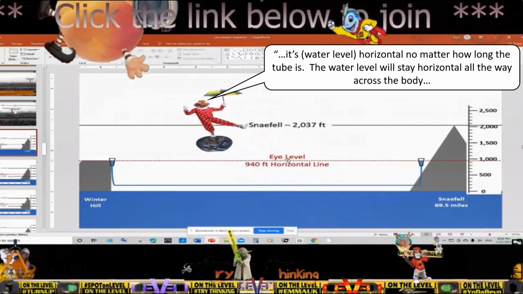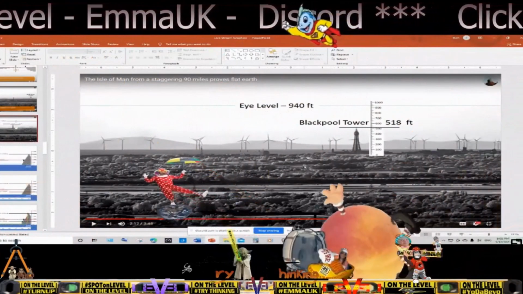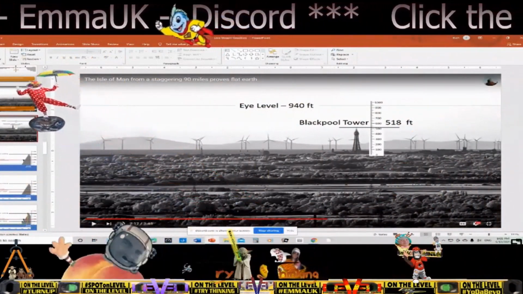It's horizontal no matter how long the tube is. The water level will stay horizontal all the way across the body. And no, I did not add this graphic in. You'll see this character floating through a couple of times. He's at 940 dude, feet, right? Dude, you're getting into something else completely different.